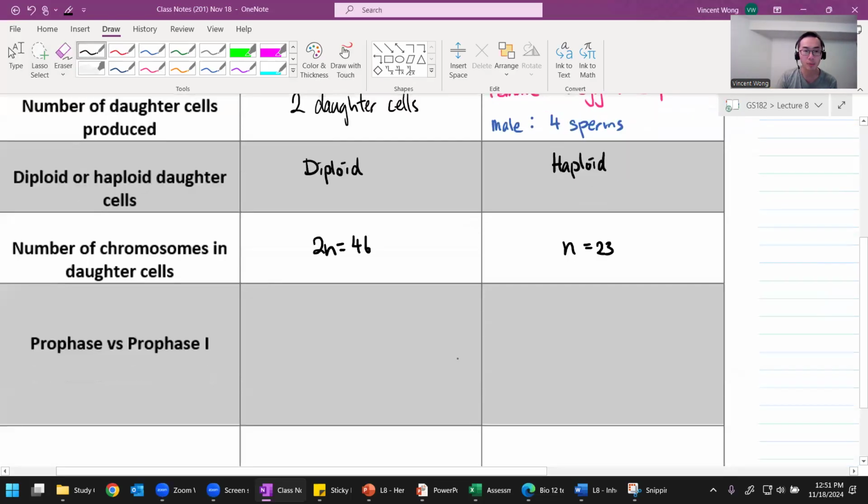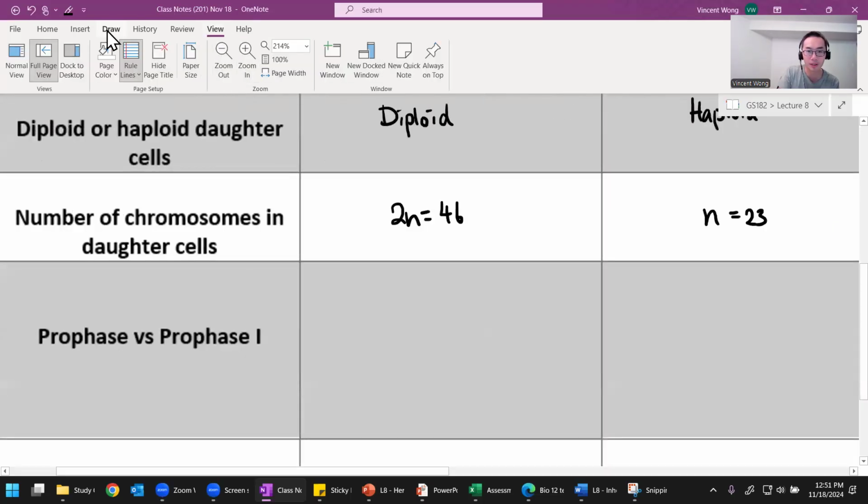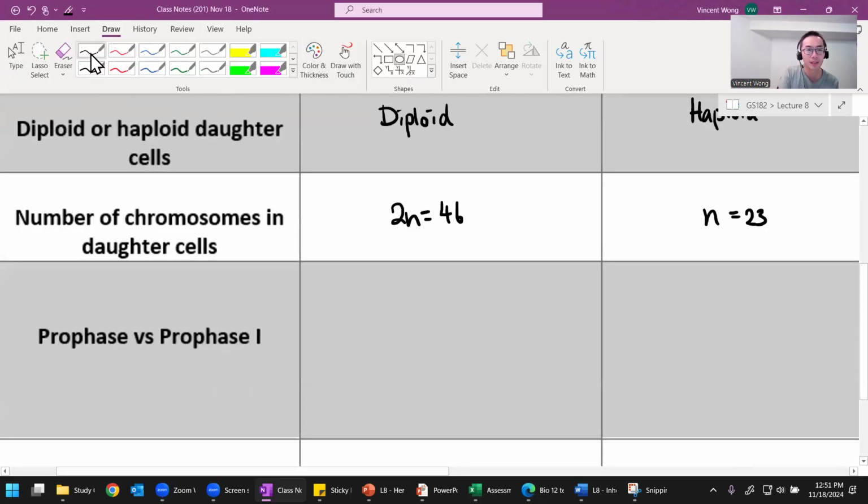Now we're going to compare prophase and prophase 1. And again, you did the mitosis test. Actually, the class average was very, very high. So I guess you all had a good understanding of mitosis. So this should not be too hard.